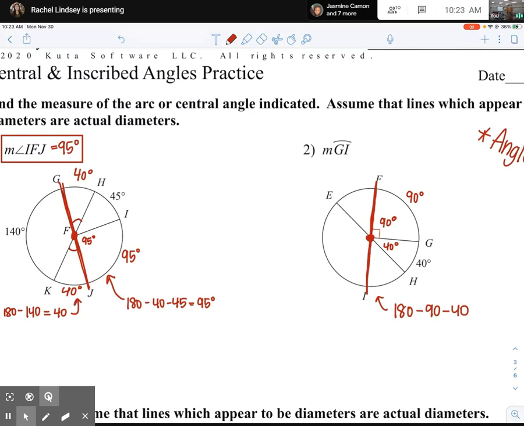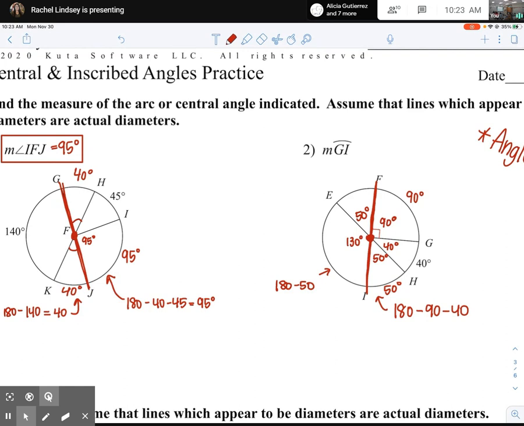So 180 minus 90 is 90, 90 minus 40 is 50. So if this angle's 50, this angle's 50. Then if we needed to find this, we could do 180 minus 50. I know that both of those are 50 because they're vertical. But 180 minus 50 is 130. So this angle would be 130.